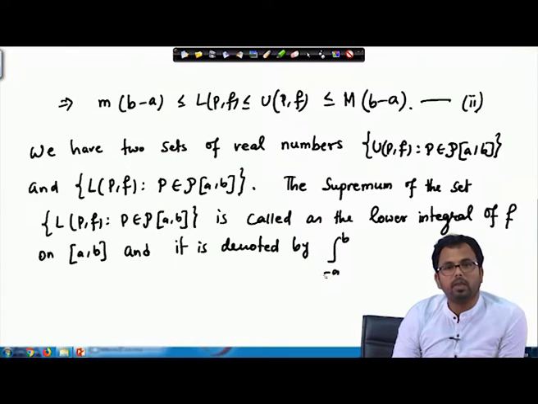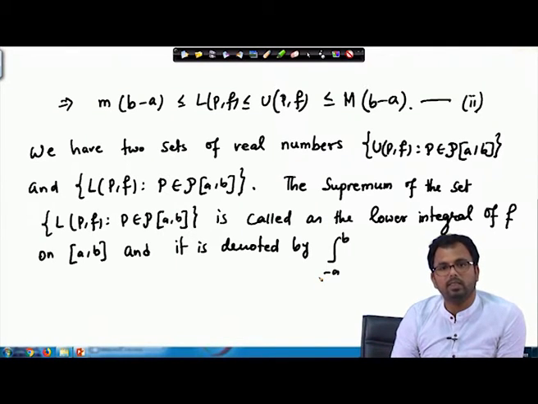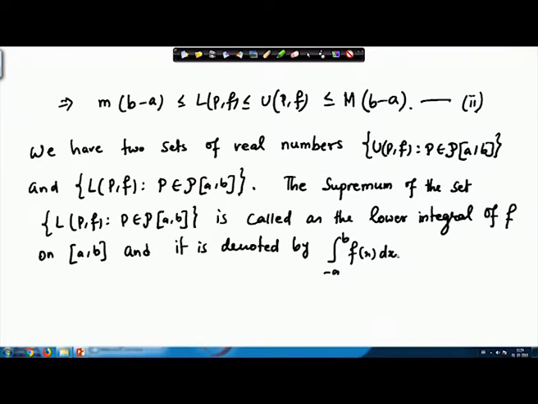We put a small minus sign here just to signify that it is a lower integral f(x) dx, or you can shorten it by a to b f dx, or we can even shorten it by integral from a to b simply f. So, when I write integral from a to b just f, it basically means the lower integral from a to b of f(x) dx. This is just one of the notations to save time in a way.